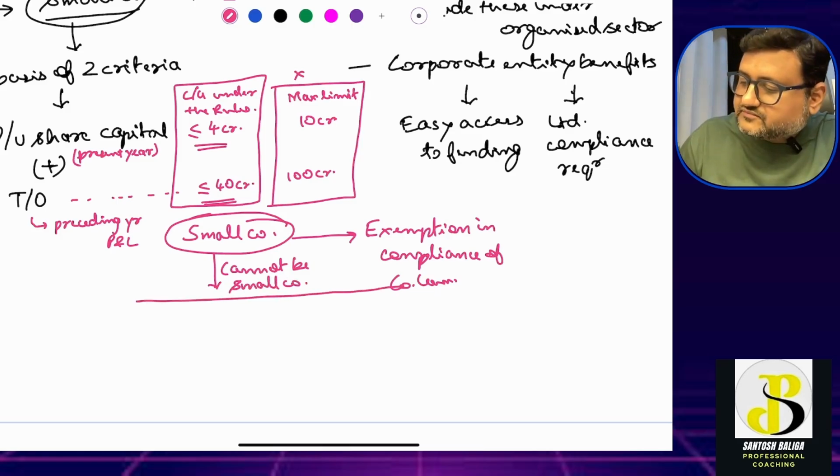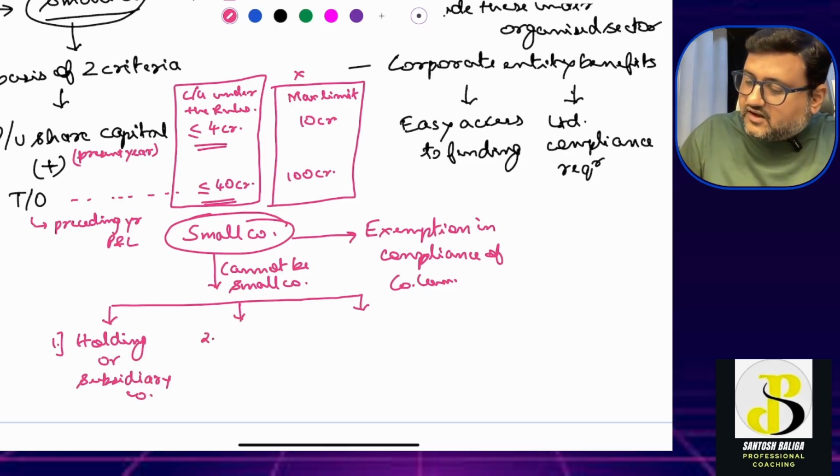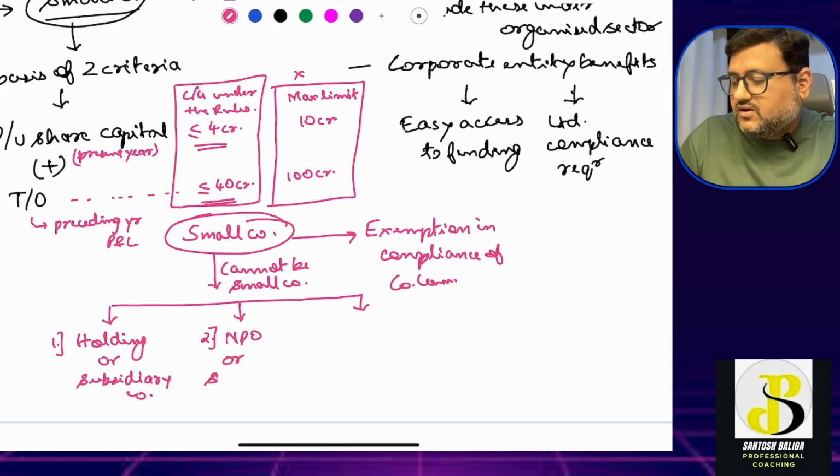These are: first, a holding company or a subsidiary company. Second is a company which is an NPO, non-profit organization, or it has been registered under Section 8 of the Companies Act.